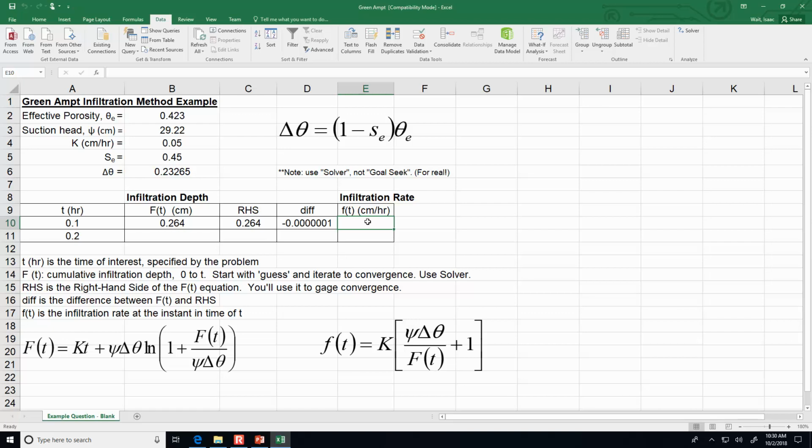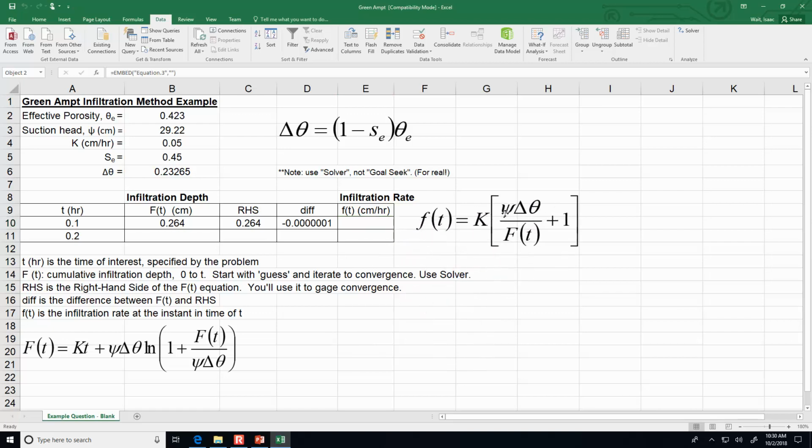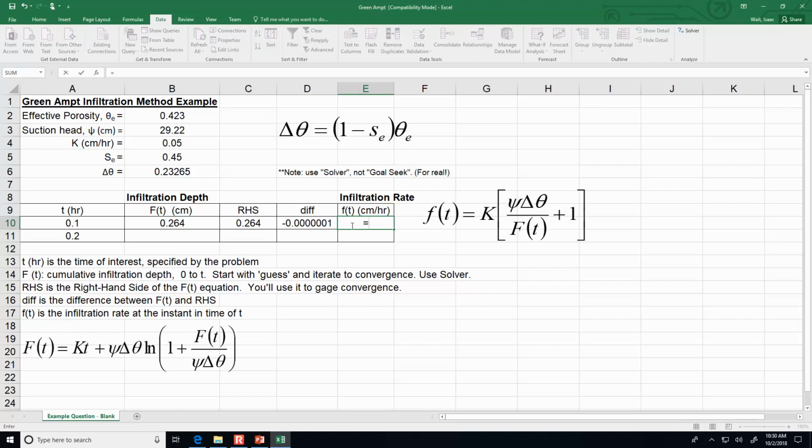So then the infiltration rate we can calculate directly. The infiltration rate is going to be K times suction head times the delta theta. I probably ought to anchor all these references so that when I drag it down to the next time step, it'll be useful.